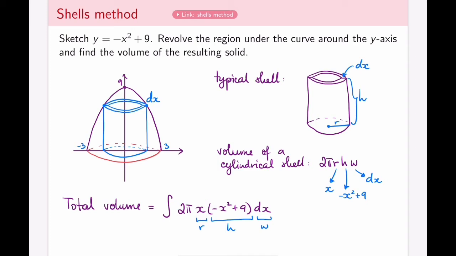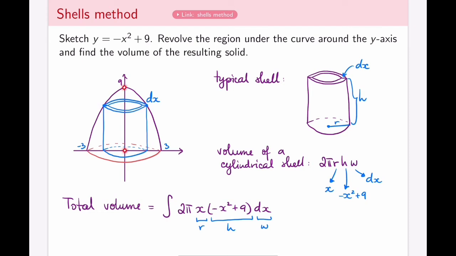And now, as with disks, I have my integral set up in terms of x, so I need to think of the smallest and the largest that x can be. So notice that here, don't get misled. This x corresponds to the radius, so I need to think of what is the smallest possible radius of such a cylindrical shell, and it's not going to be minus 3, it's going to be 0.